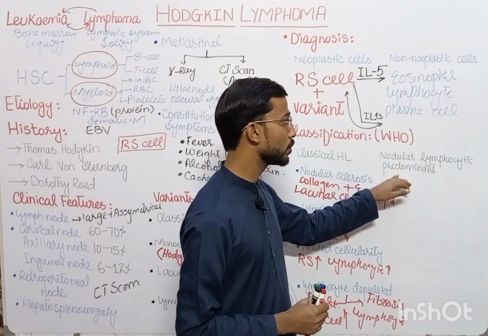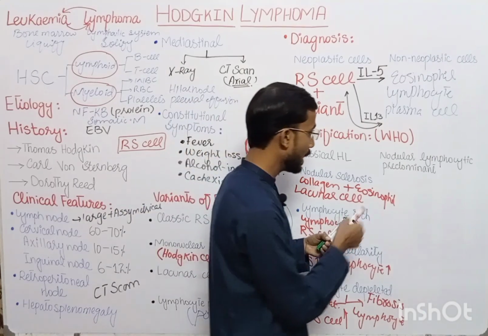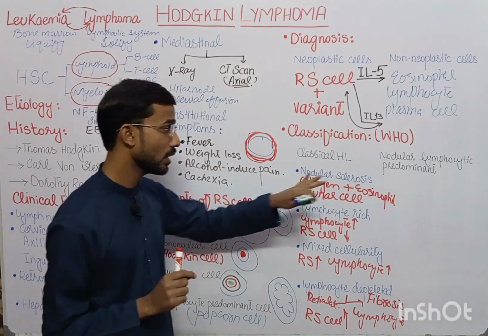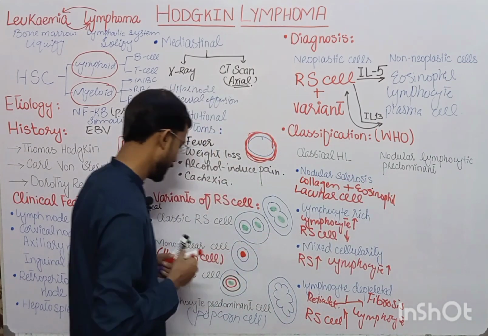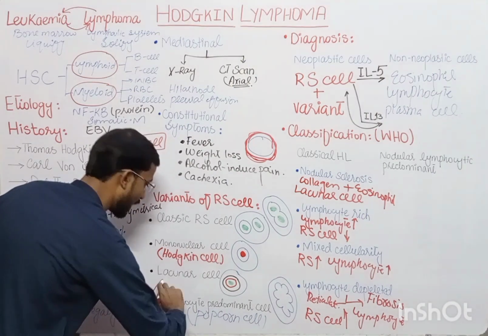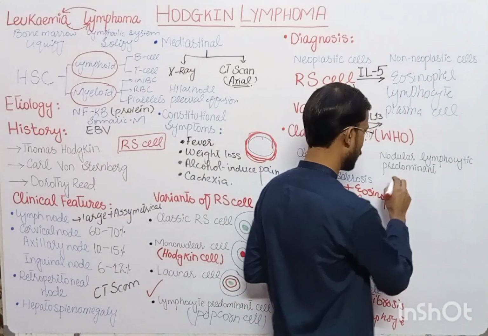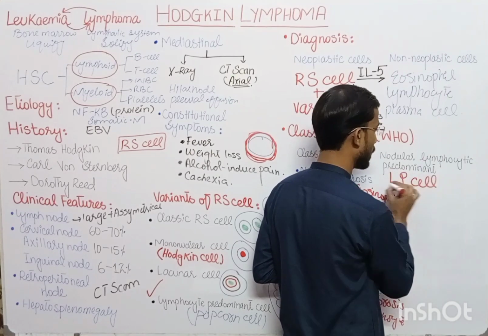Next is nodular lymphocyte predominant. In this there is no classic Reed-Sternberg cell, but its variant, which is called the lymphocyte predominant cell, or LP cell.